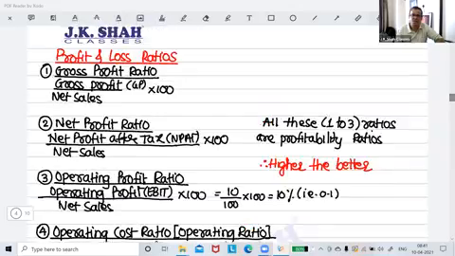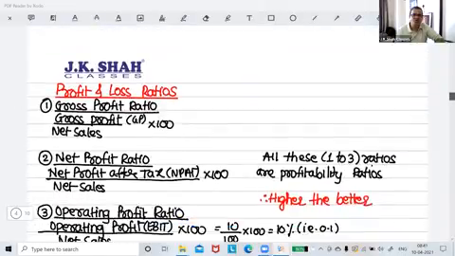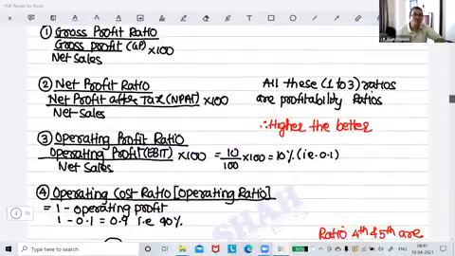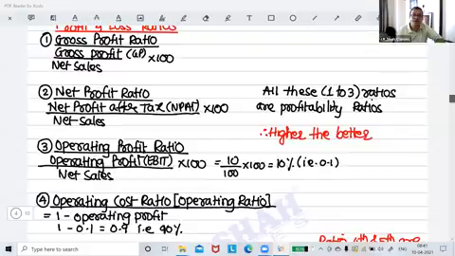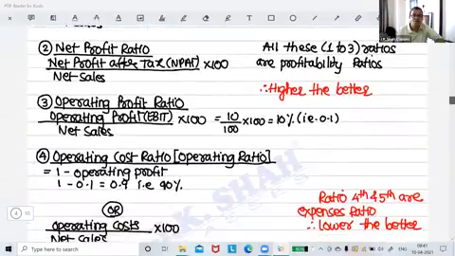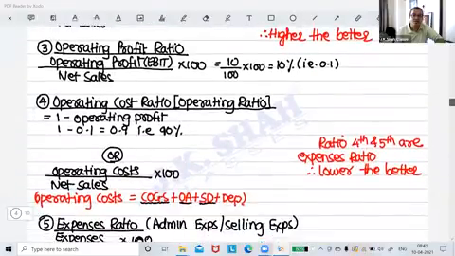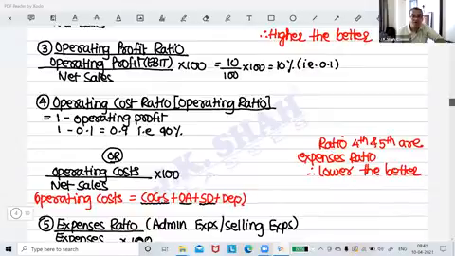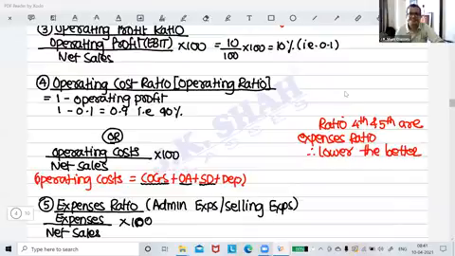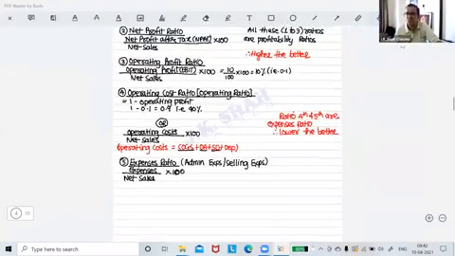See, all these ratio number 1 to 3 are profitability ratios. So what we have written, higher the better. Ratio 4th and 5th are expense ratios. Therefore, we have said, lower the better. So I hope you all have understood these ratios.